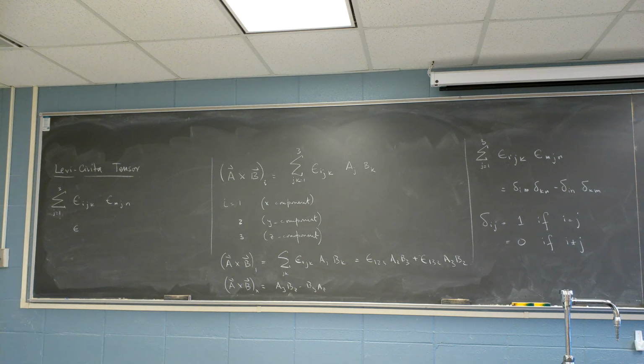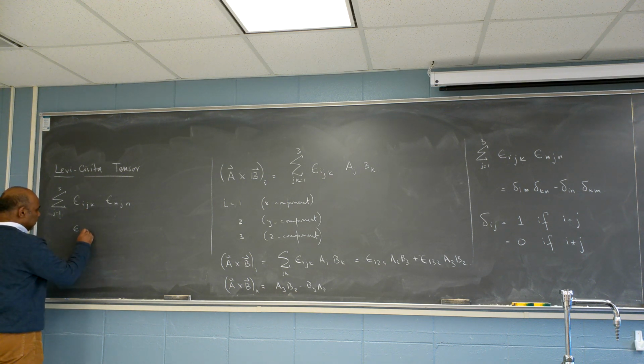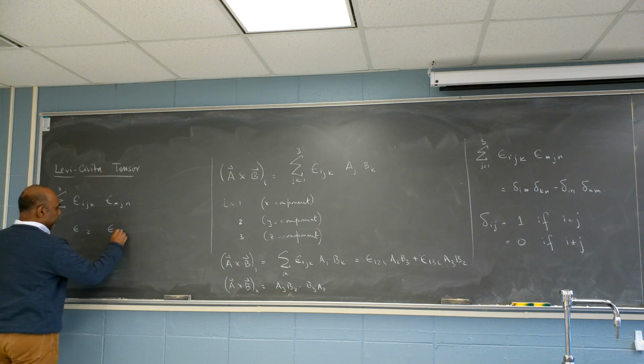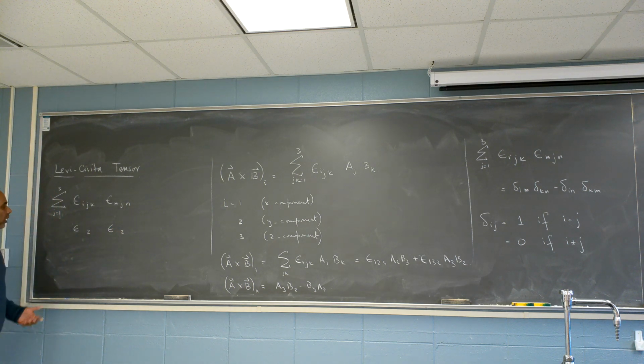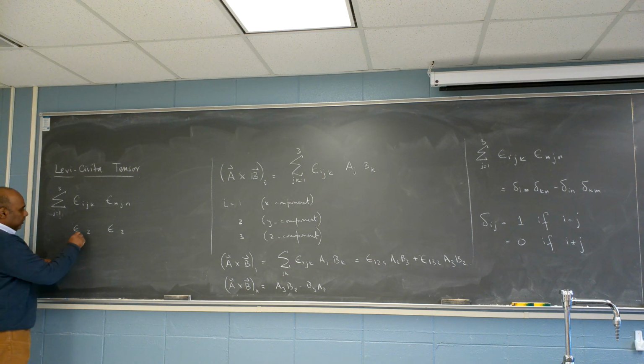Okay, let's consider the j equals 2 term, for example. That means j is 2 in both places. So what are my choices here? Either this is 1 or 3.